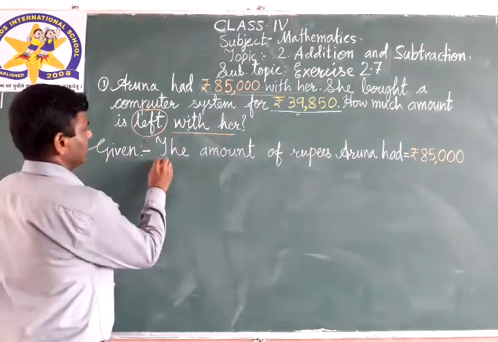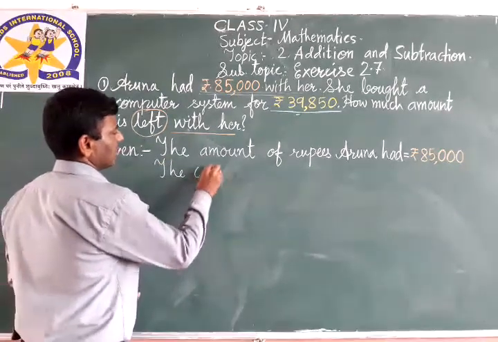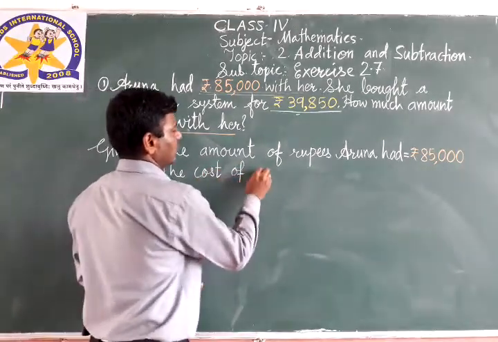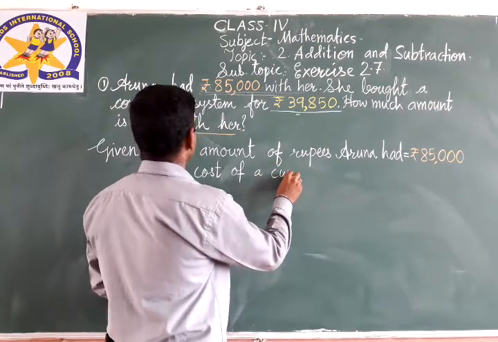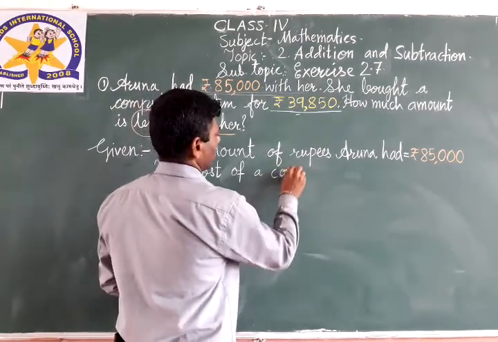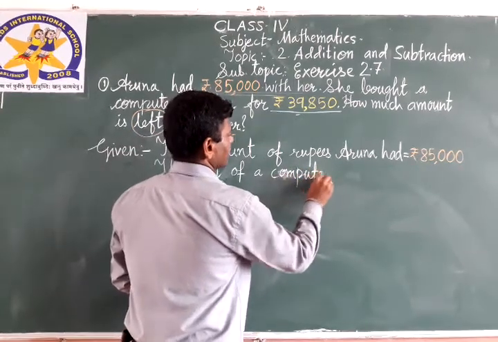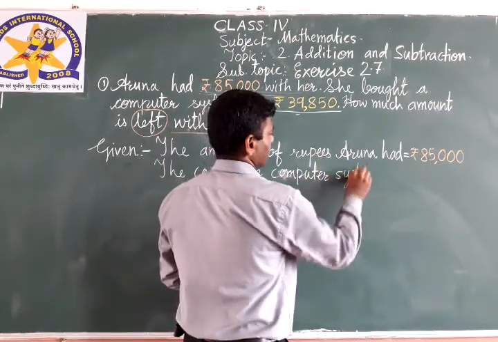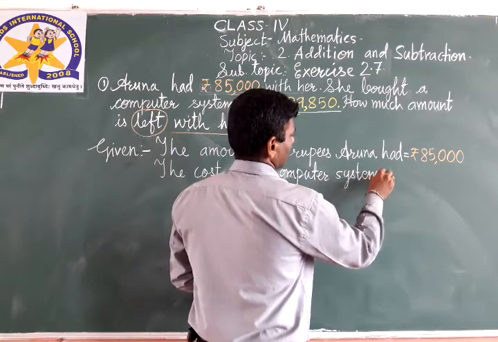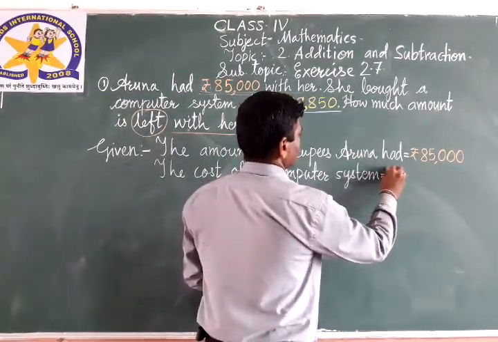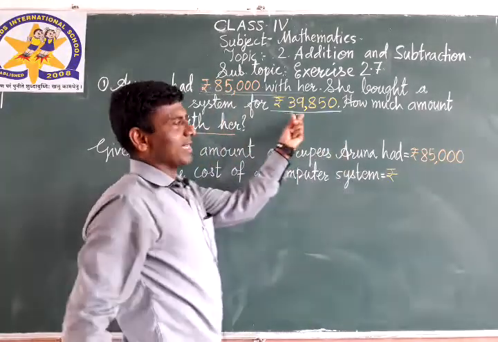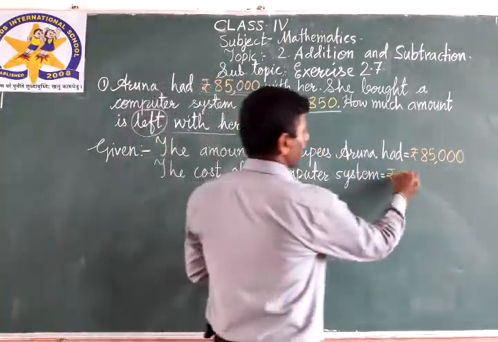Simple. What is the cost of a computer system? Given, 39,850.